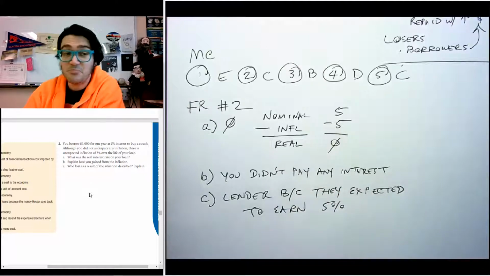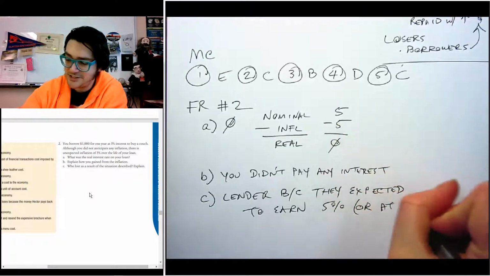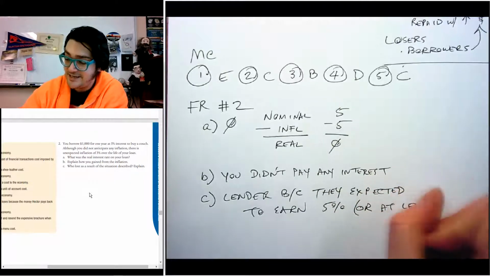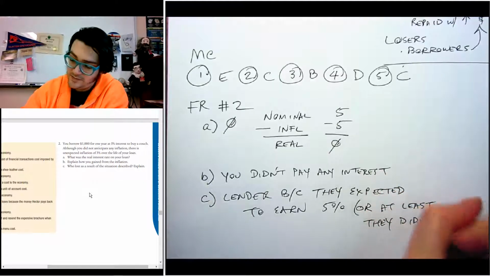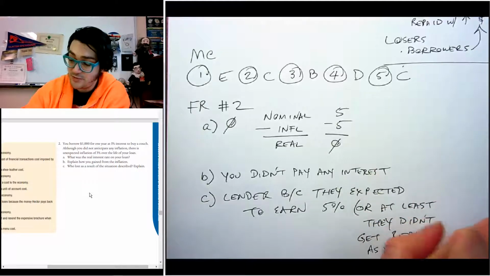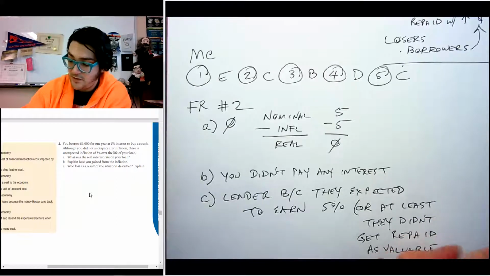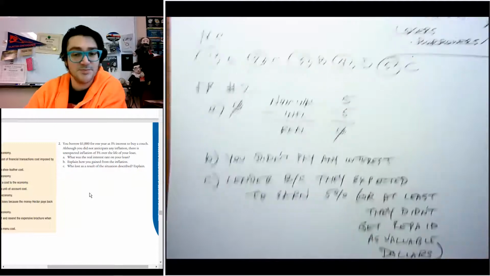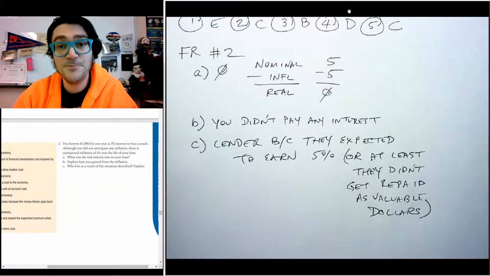They probably didn't think it would be 5%, or at least they didn't get repaid as much in valuable dollars. So we know that they definitely didn't anticipate that much, right? So they got repaid in dollars that were worth less. All right, hopefully that helped you. See you next time.